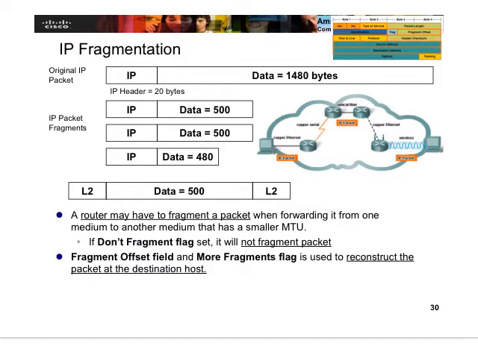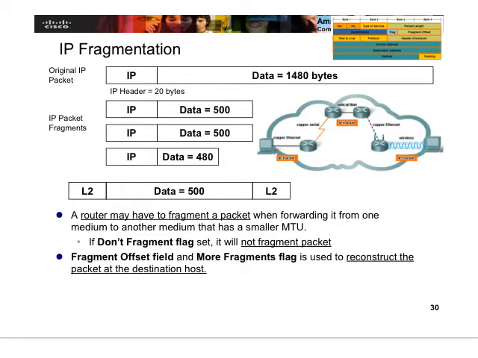The desegmentation happens at the application on the other side. Here we have to worry about fragmentation, and fragmentation requires multiple fields to work together. It's not as easy as segmentation, and we'll talk about why.